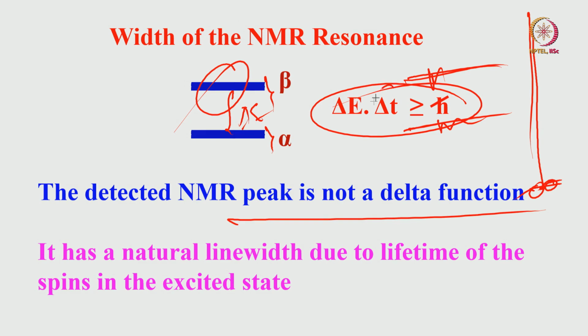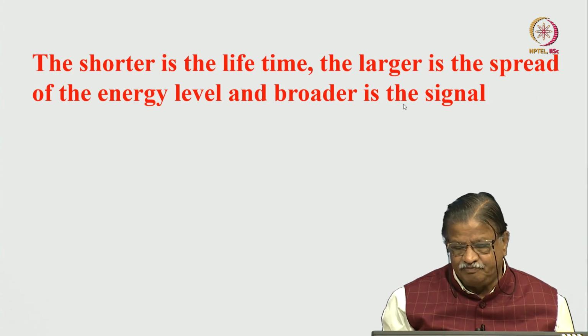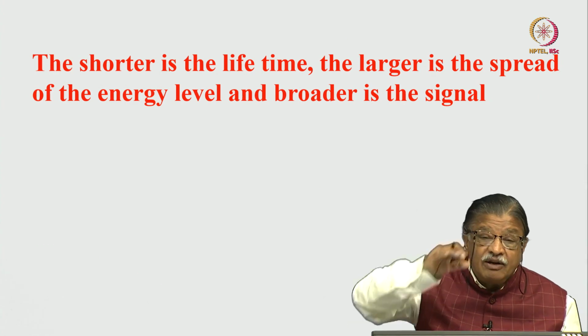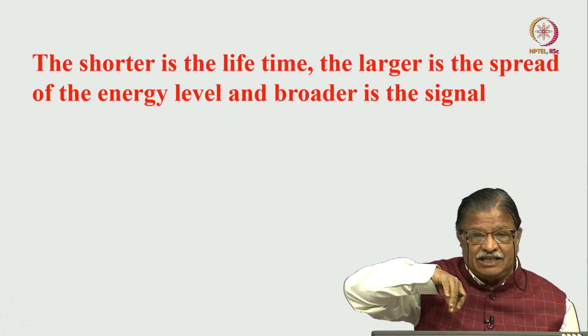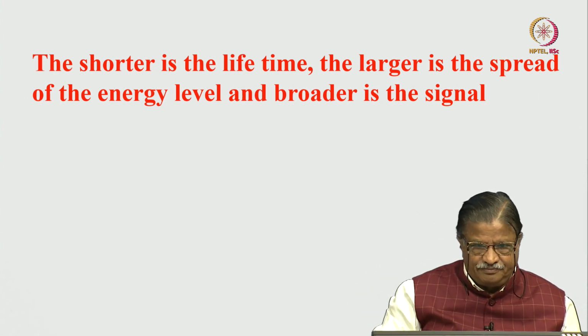If, let us say, delta E is larger, then this may be smaller. This is smaller, this may be larger, both are possible. Okay. So, now we will see, if the lifetime of the nuclear spins is shorter, if the spins do not stay in the excited state for a longer time, if it decays very fast, then what will happen?